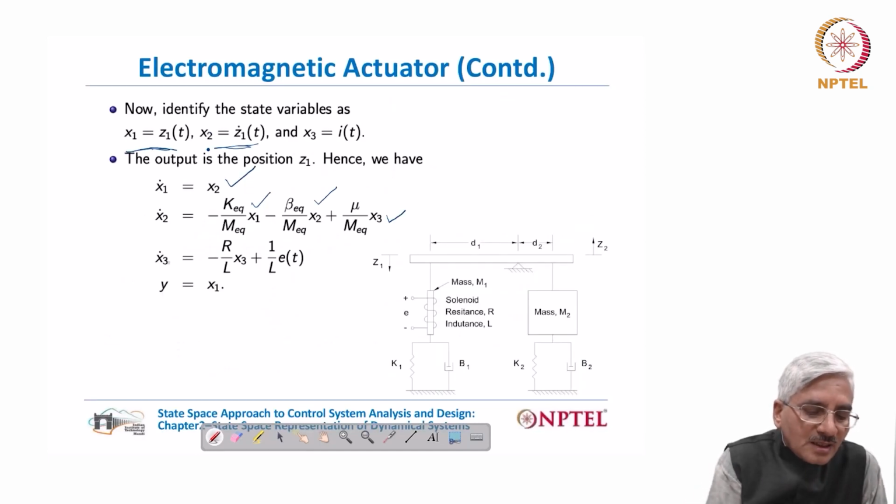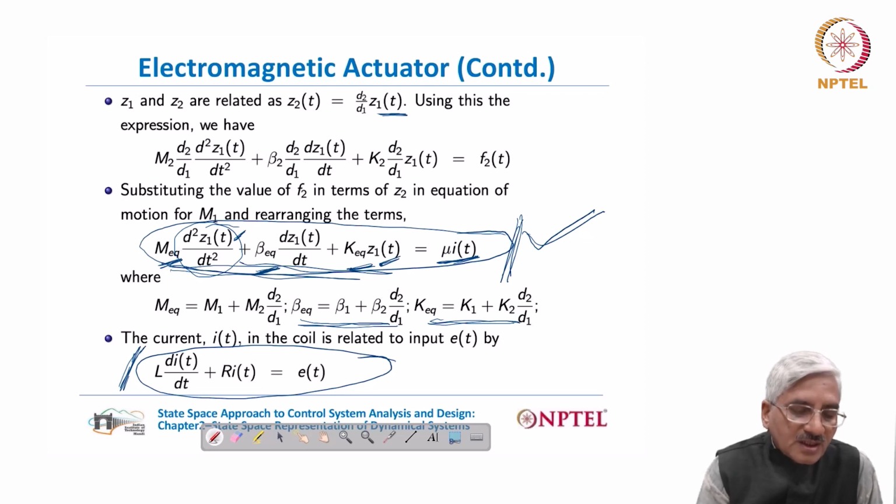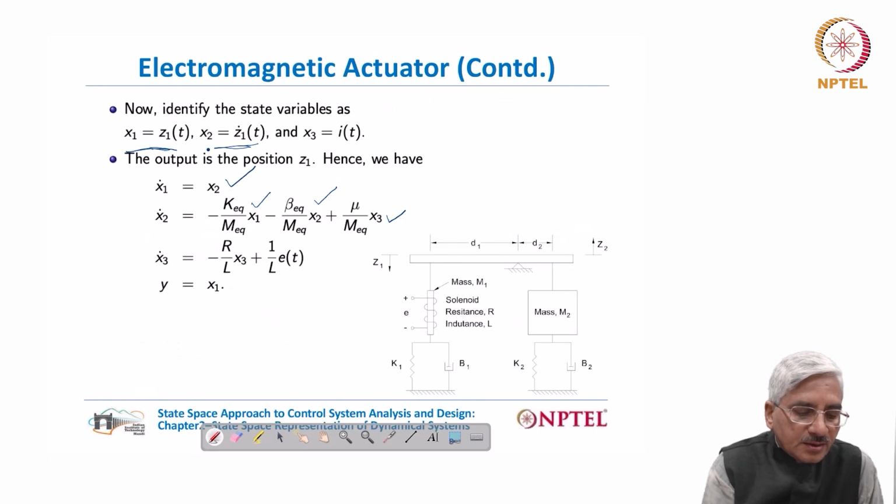And this x3 dot, the current in the coil, has its derivative given in terms of this x3 variable only and the input Et. So x3 dot is minus r by l x3 plus 1 by l Et. This is straightforward from this expression, dividing by l and substituting x3 in place of I. So dx3 by dt plus r by l x3 equals 1 by l Et, and change of side gives rise to this equation.